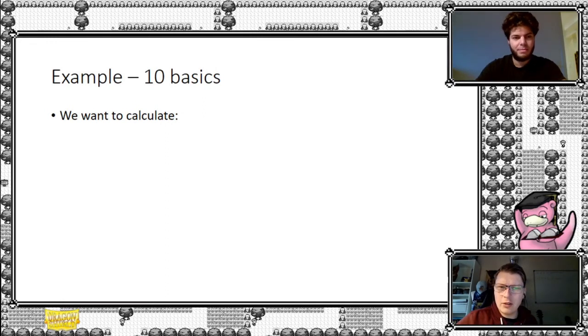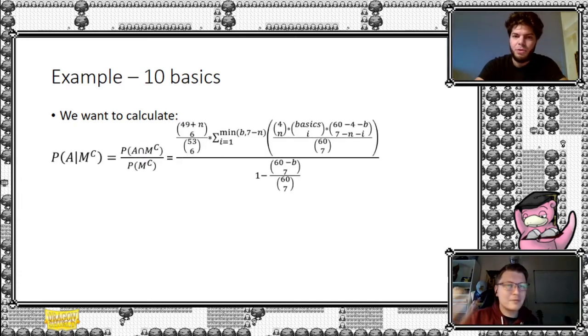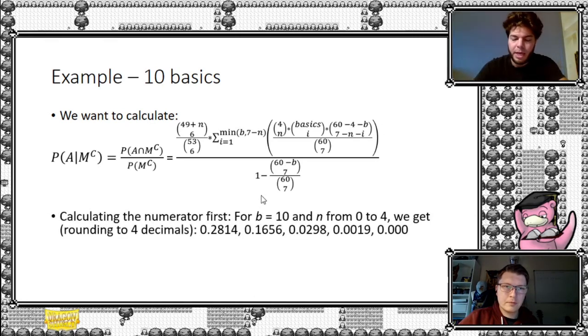Would you like to take the viewer through this example, Simon Øbro? Yes. So in this example, we calculate the probability with 10 basics. So everywhere where we have B or basics written in the formula, we would insert 10. If we do that, you see we get these 5 cases calculated separately.